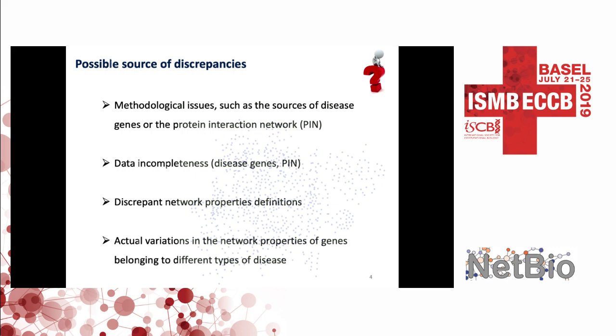In some studies, hubs are defined in terms of counting a number of neighbors, but in other studies, hubs are defined according to the distribution of the degree in the whole network, making the comparison between studies a little bit difficult. And the other reason would be that indeed there is an actual difference in the network properties of disease genes, but when we look at more specific or different types of diseases.